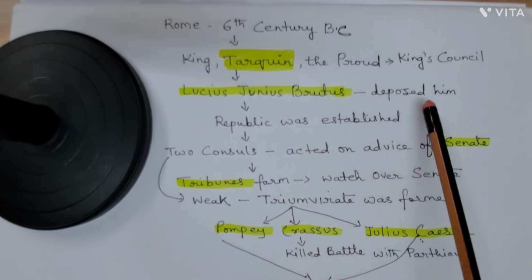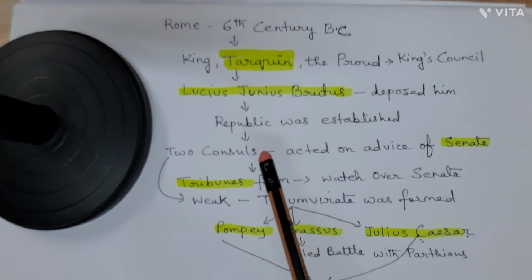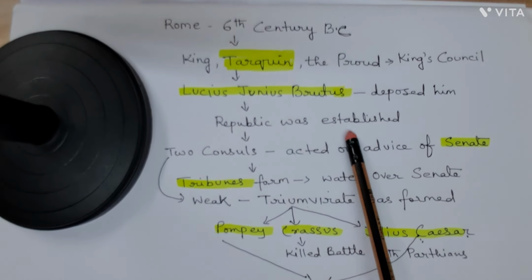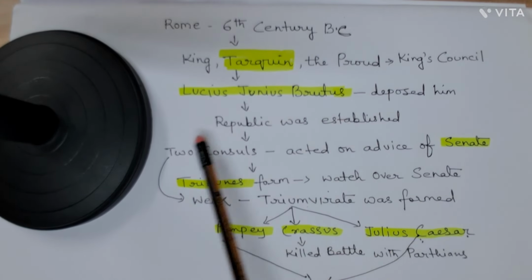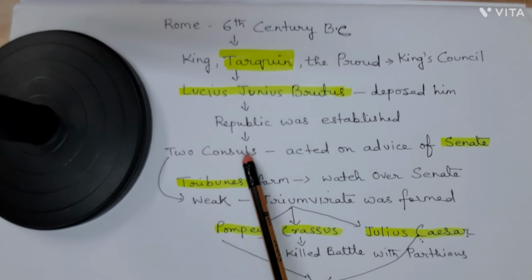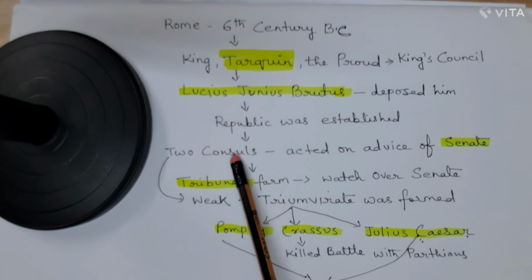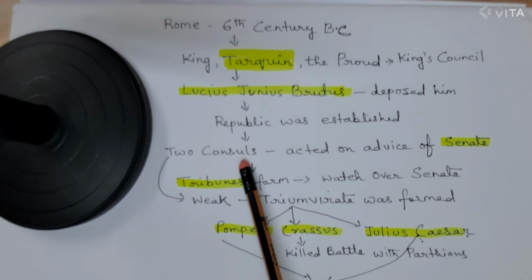Rome got rid of Tarquin. Then a republic was established, a government was formed, and two consuls formed this republic. Now what are these two consuls? Two consuls are nothing but two people forming the government.